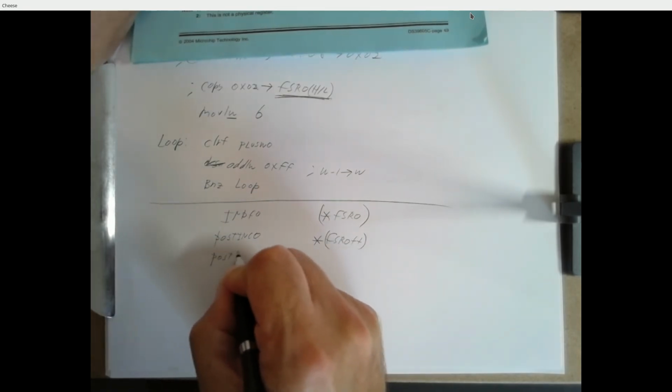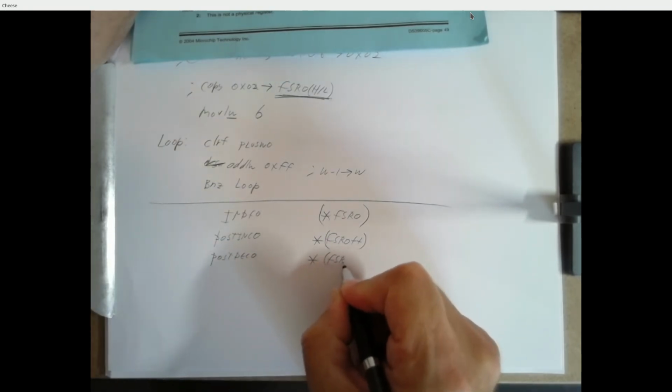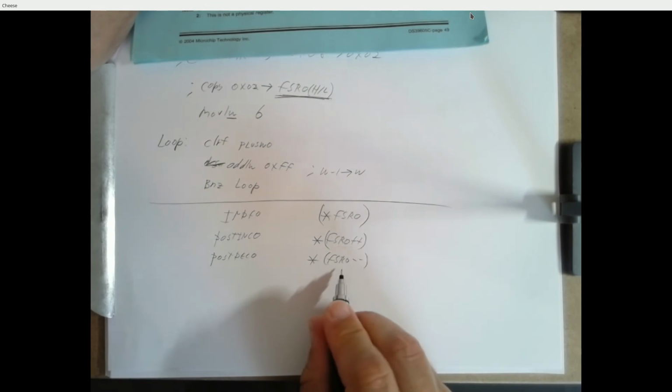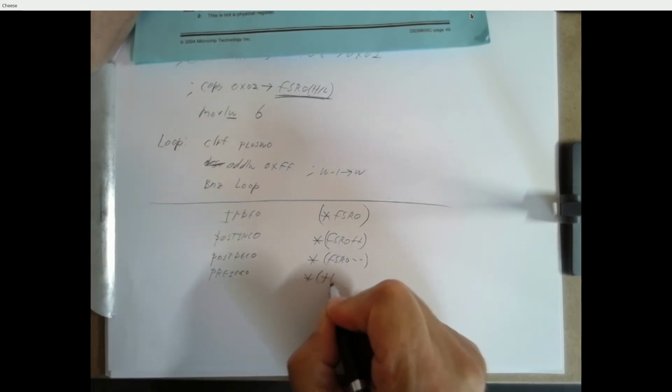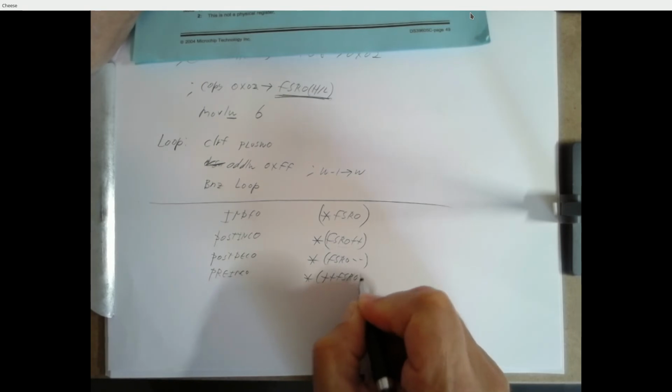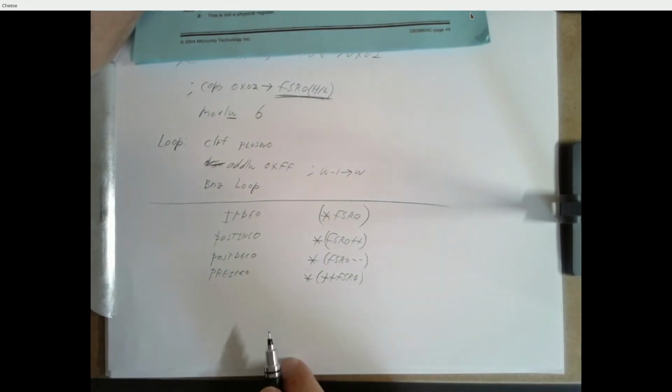Okay, POSTDEC0 is basically the same thing, but we decrement FSR0 after we're done. And PREINC0 is saying first increment FSR0 and then use that as the address of an operand.